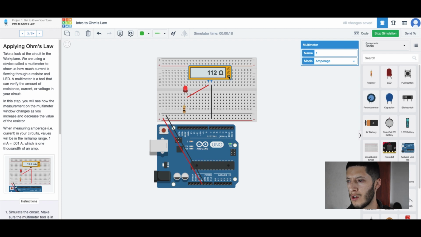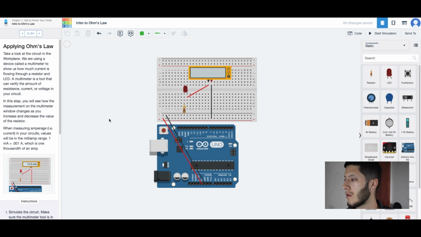What is it? Resistance. Maybe if I want to test resistance, I have to put them here. Anyways, let's stop it right there. Let's actually change it back to, maybe I have to wait. Alright.